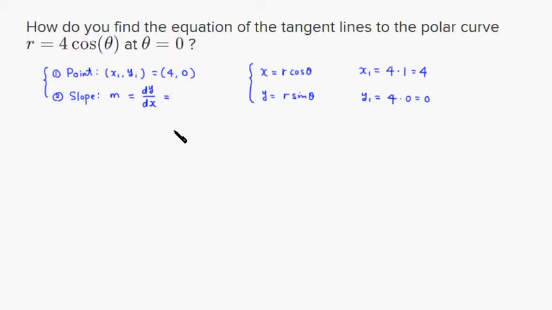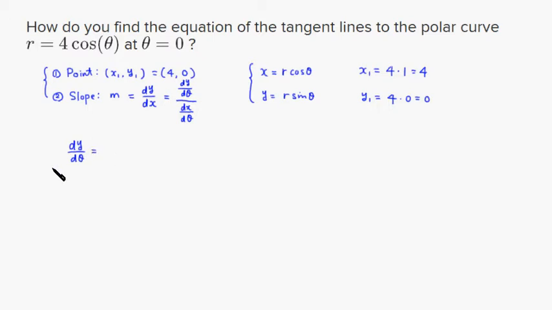I'm going to do it with respect to theta. So instead of dy over dx, we're going to do dy over d theta divided by dx over d theta. Let's find dy over d theta.